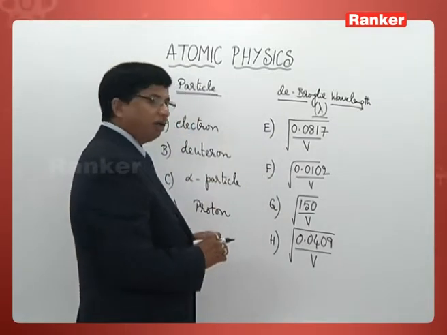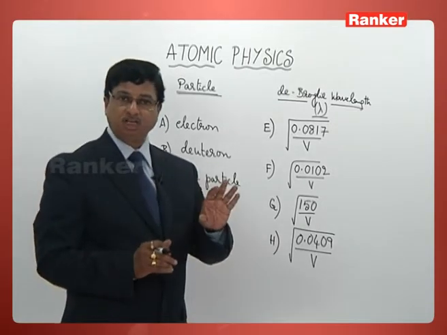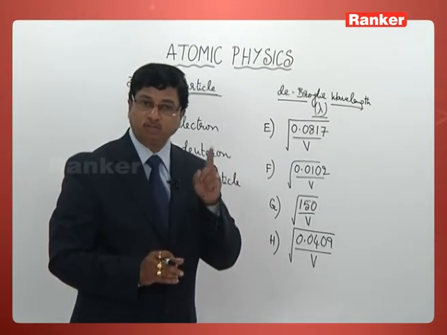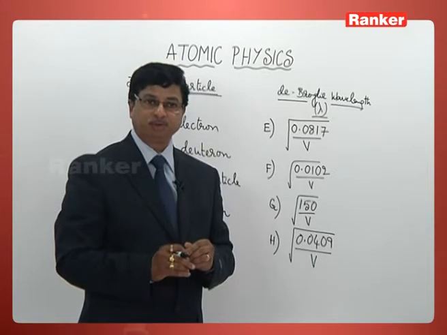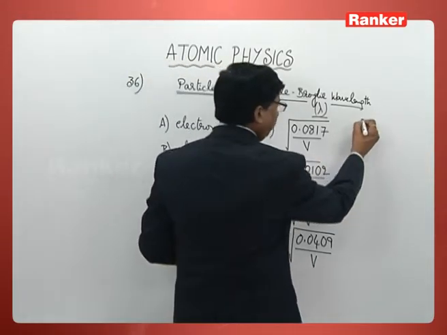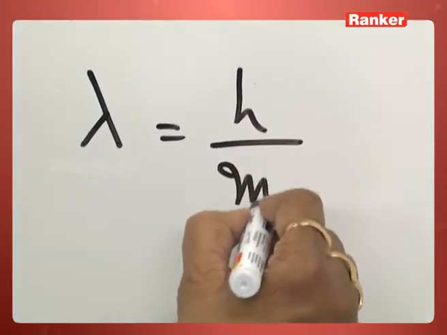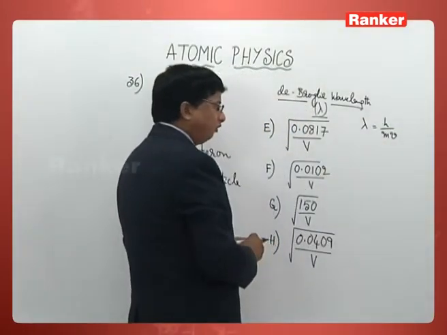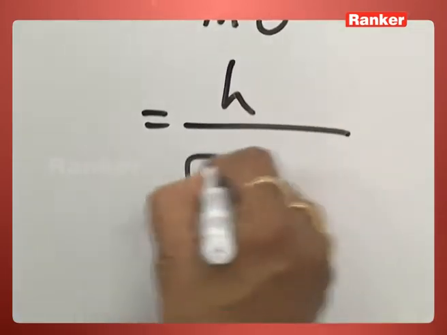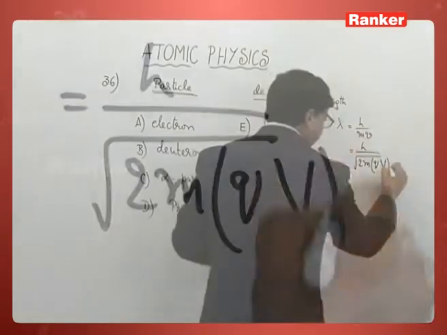No doubt you all can calculate them. That's not a big task. But you will not have time to waste in the final examination if you know these values directly. So what exactly you have to remember in general is the de Broglie wavelength lambda equals h by mv, which we can rewrite as h by under root 2m into qV.